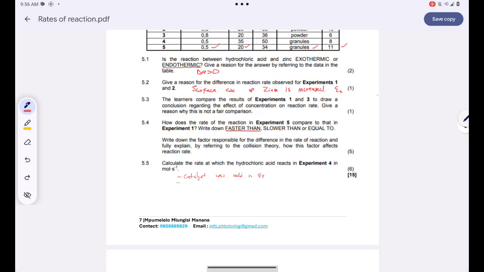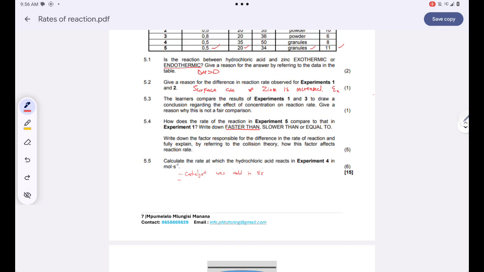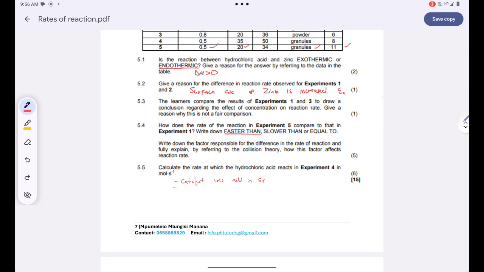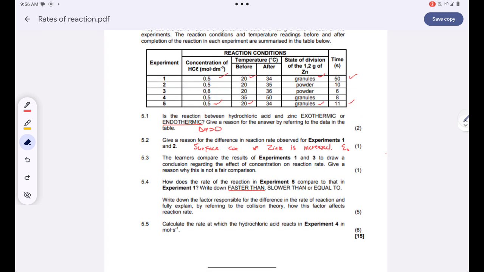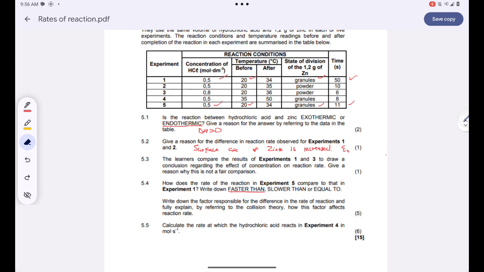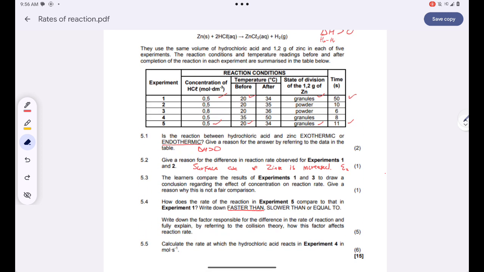Now they want us to calculate the rate at which hydrochloric acid reacts in experiment 4. We must write our answer in moles per second. In experiment 4, the concentration of our hydrochloric acid is 0.5.